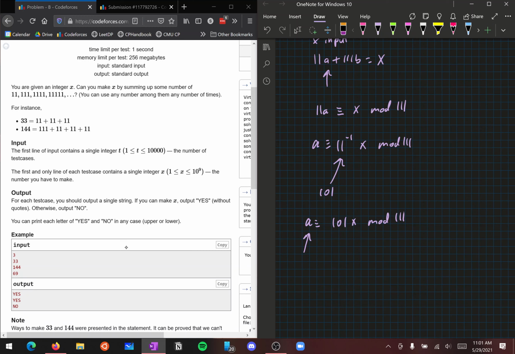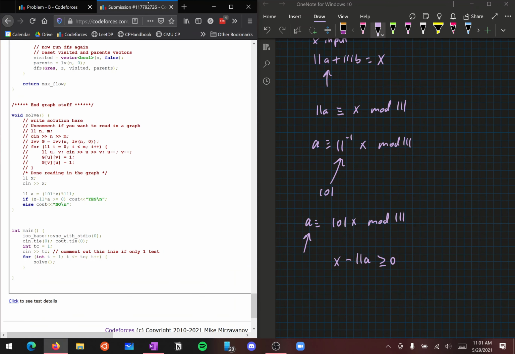So we just have to check if x minus 11a is greater than or equal to 0. You can see that in the code here as well. You just multiply 101 times x, the modular inverse, then mod by 111, and then you just case on whether or not the difference is going to be greater than or equal to 0.